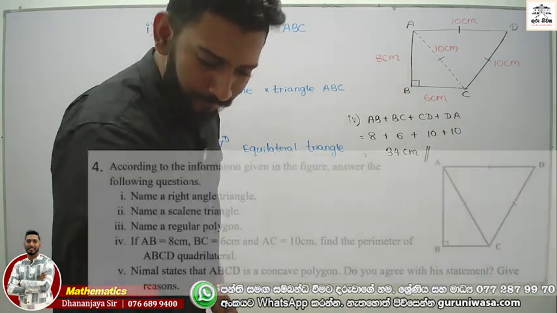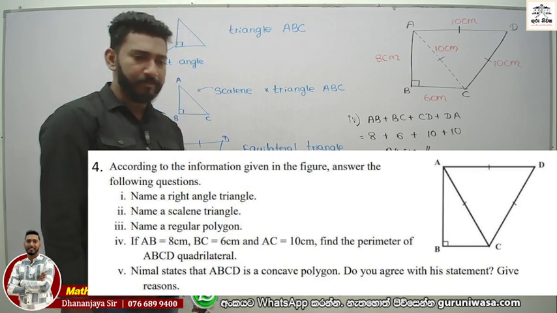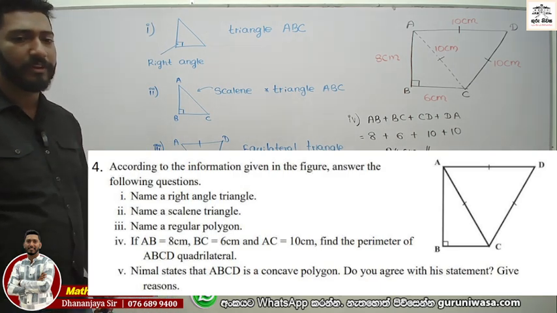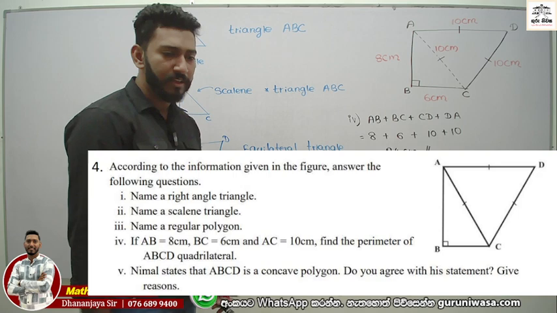Nice. Now, Niwasa states that ABCD is a concave polygon. Do you agree with his statement? Give reasons.